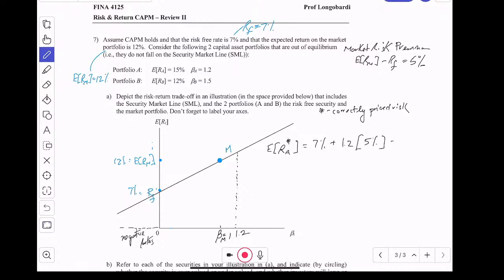And so this would be 13%. So it's supposed to be 13%.